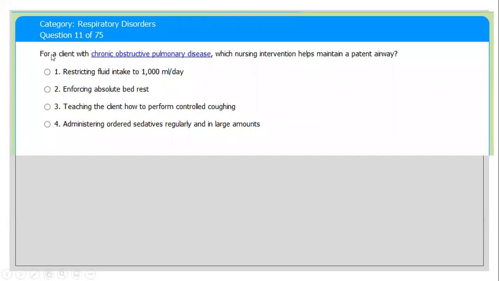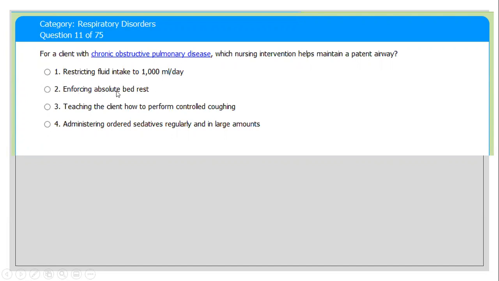Next question here. For a client with chronic obstructive pulmonary disease, which nursing intervention helps maintain a patent airway? A, restricting fluid intake to 1000 ml per day.